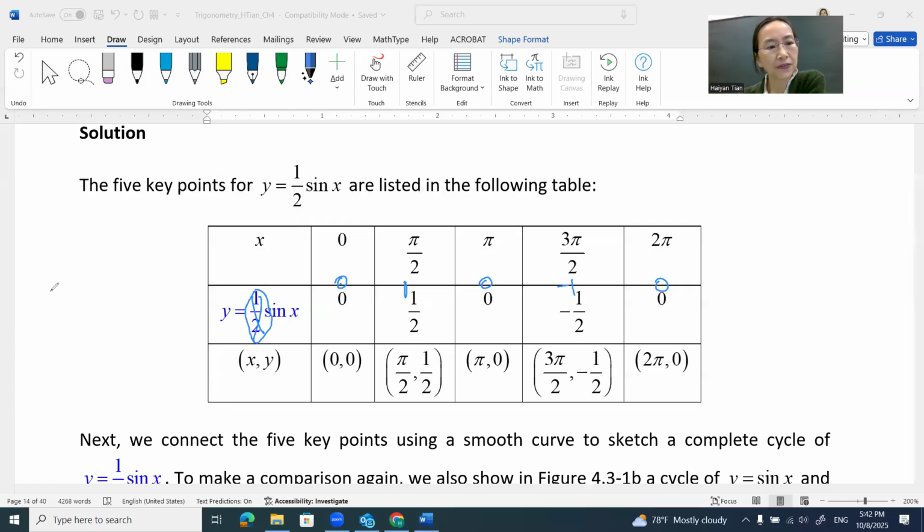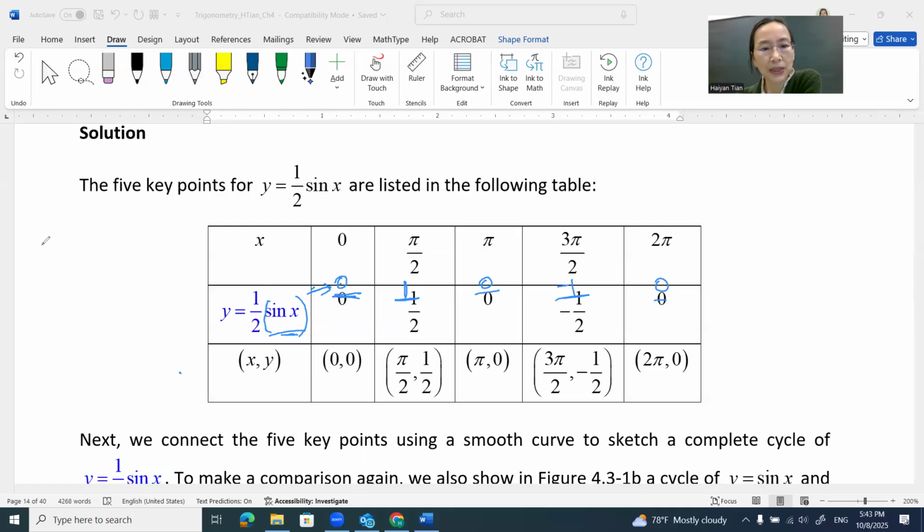But with half, the y becomes half of each, because each y will be multiplied by half.